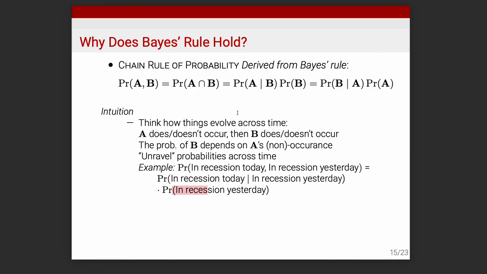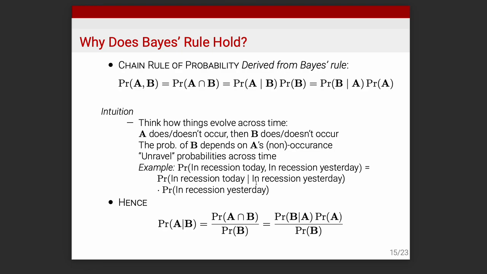This sort of thinking gets used a lot in time series analysis. Maybe you're going to go on and take a time series analysis course in the stat department, the gov department, the CS department or the economics department, and you'll use this chain rule a lot because you'll be breaking down some joint complicated thing into these conditionals and marginals. So I don't really have a better intuition for you there.